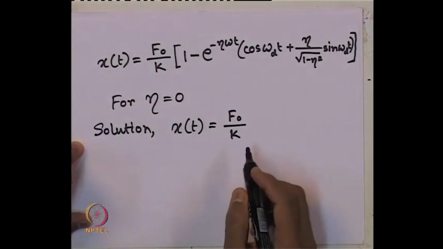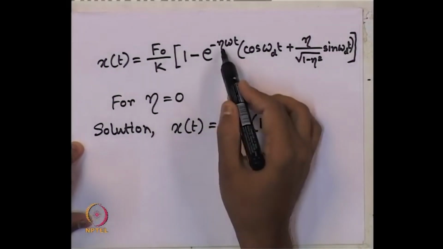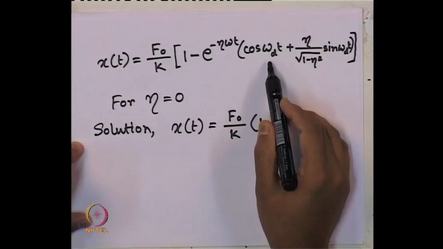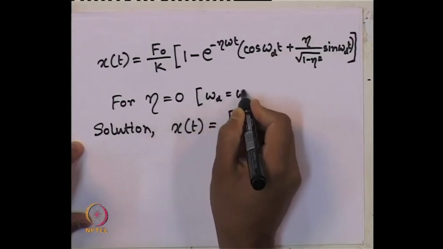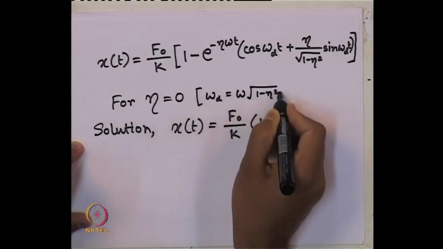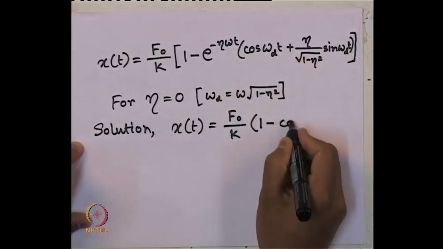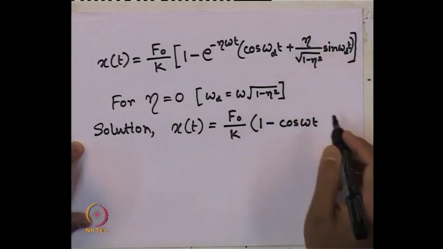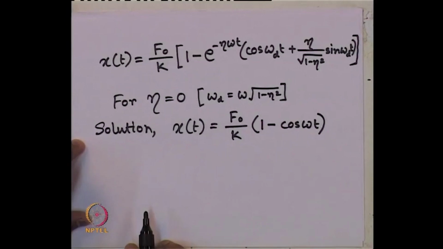How much are we getting? 1 minus eta is 0, so it becomes 1. Omega d is nothing but omega times root over 1 minus eta square, so it becomes omega t. So, cosine of omega t, here eta is 0, so everything vanishes. That is our solution.